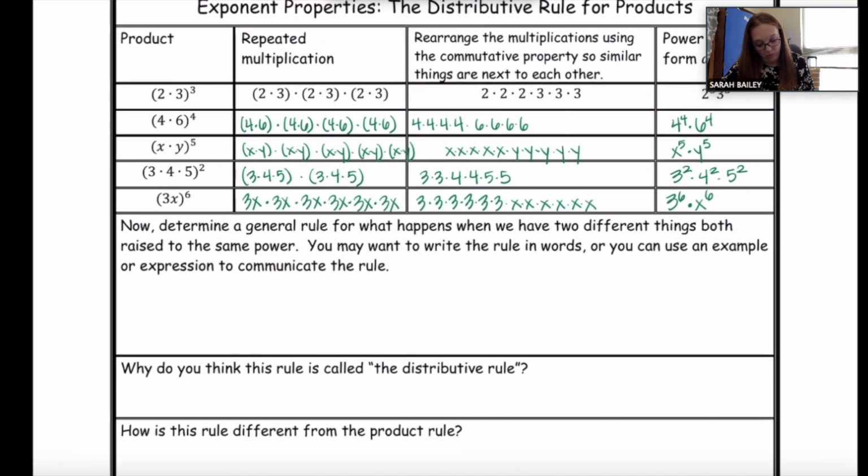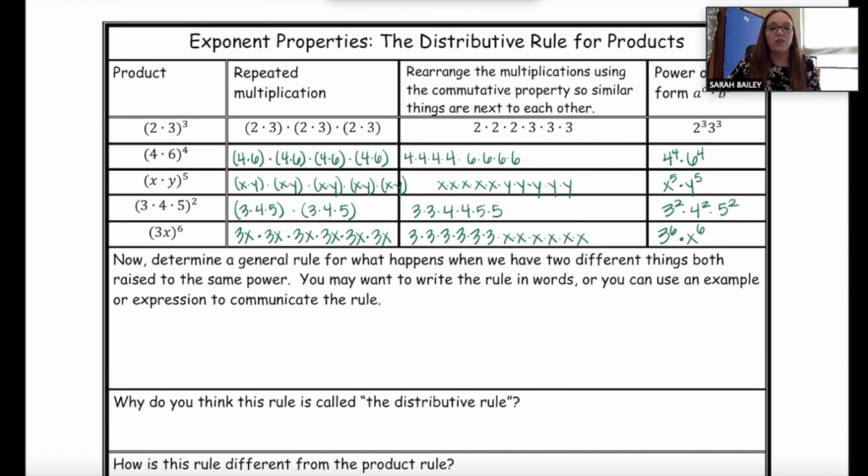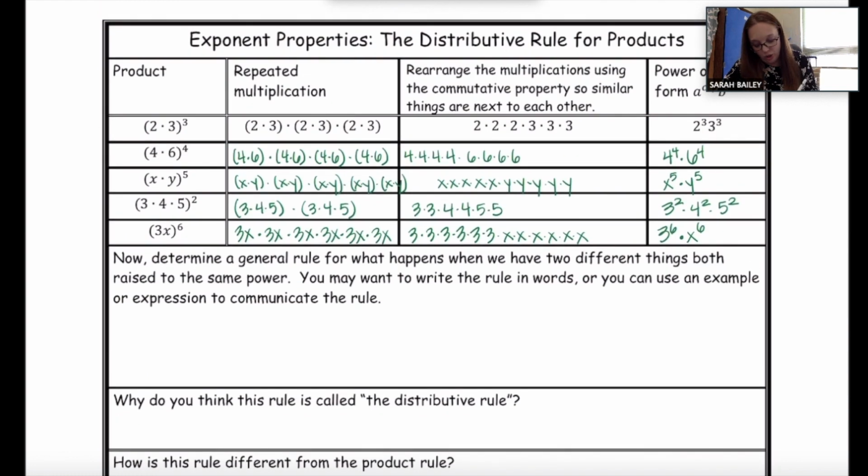So what's going on here with this rule? If you're paying attention to the exponents, what's happening here? You've probably already noticed that that exponent is kind of being distributed or attached to everything inside of the parentheses. So what is the general rule?